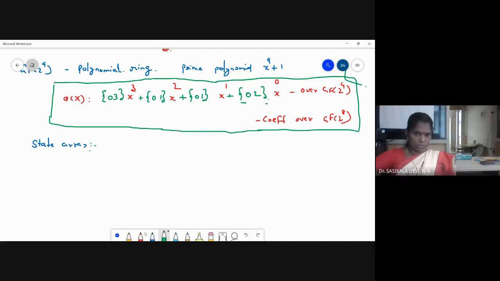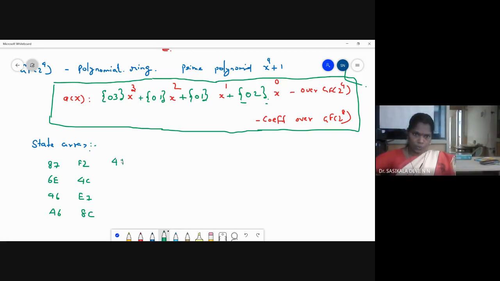So let us assume I have the input for the mixed column round like this: 8, 7, 6E, 46, A6. All these values are not random, these are the book values. Let me take the same book values: 2, 4C, E7, all these are polynomials over GF of 2 power 8.